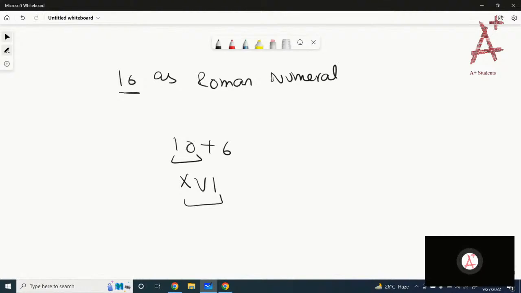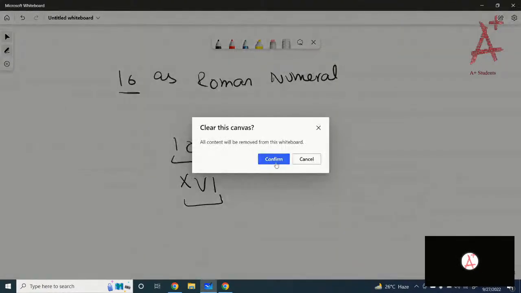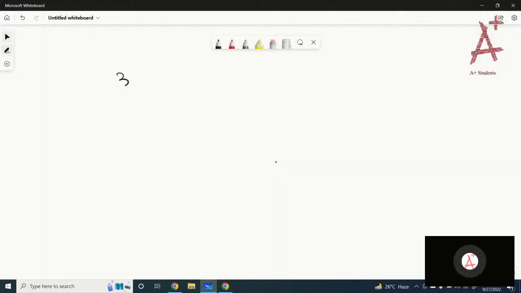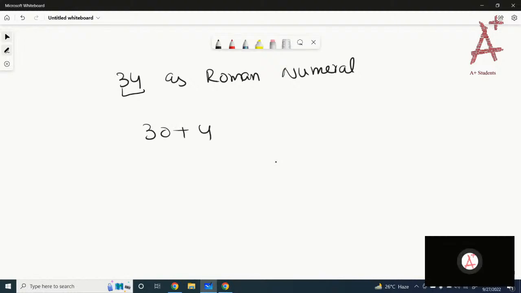Okay, the next one is, how would you write 34 as a Roman numeral? So what you have to do, you have to expand the number. Like for 34, we know that it's 30 plus 4. And for 30, we can write it in the form of 10. 10 plus 10 plus 10 makes 30, and plus 4.